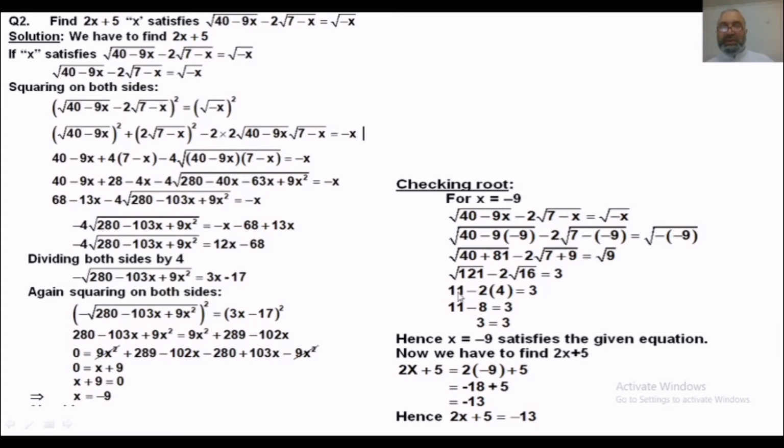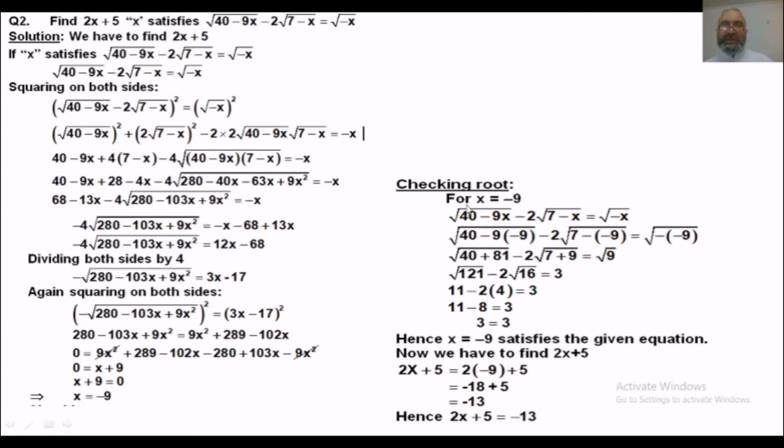Left side 121 square root is 11 minus 2 into 16 square root 4 is equal to 3, or 11 minus 2 into 4, 8, is equal to 3, or 3 is equal to 3. Thus a true result, this means x is equal to minus 9 is the solution set of the given equation.